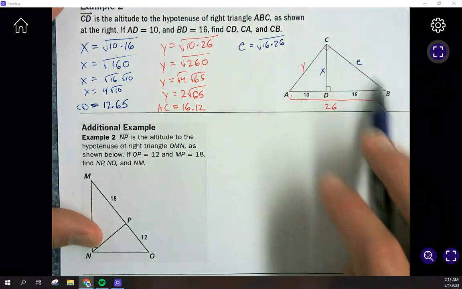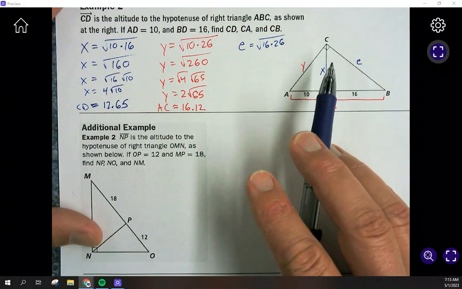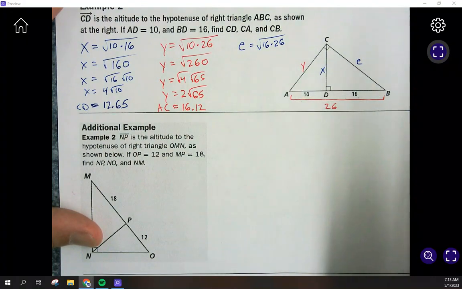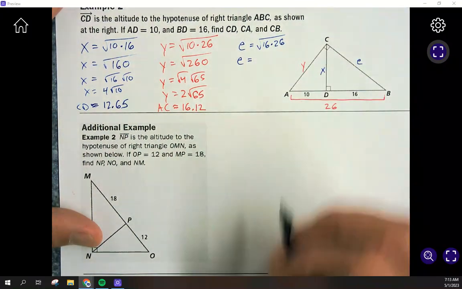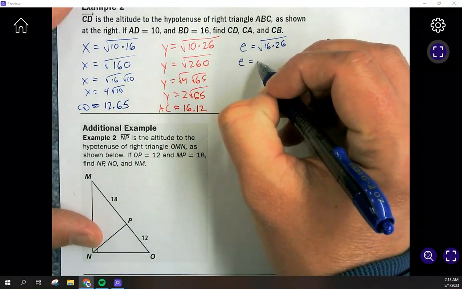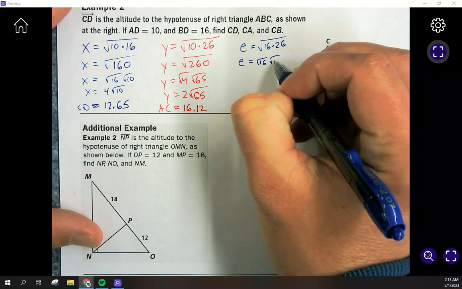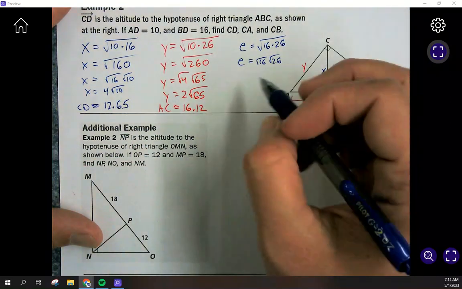So when we're solving for these legs, it's the whole hypotenuse and the piece that's close to it. If we're solving for the altitude, it's just the two separate pieces. And again, once we've done that a couple times, it's kind of easy. It's the same thing every time. You'll just memorize that. So 16 times 26. I'm not going to go ahead and multiply that because I see the 16. I'm just going to keep these separate right now instead of breaking it back up after I've multiplied them.